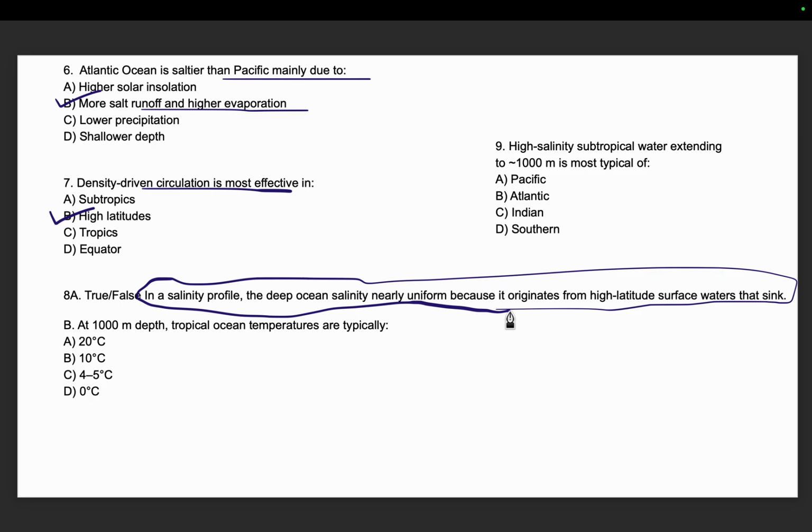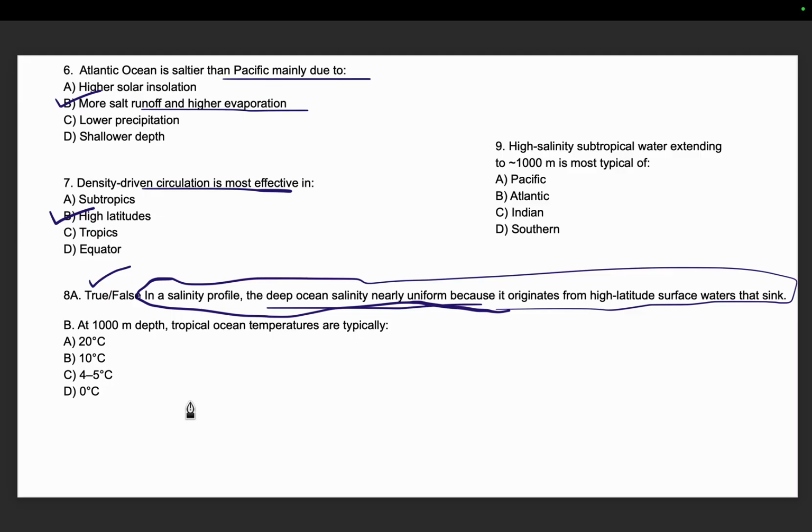Question 8 is true. This statement is true because of the density driven circulation, this deep ocean salinity becomes uniform.